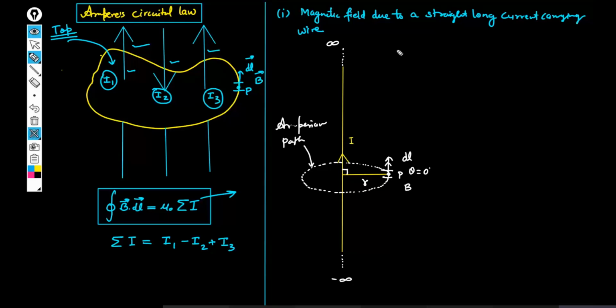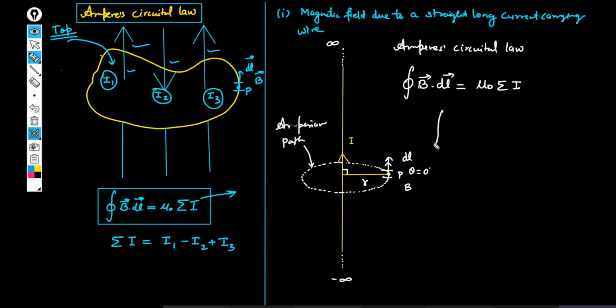Now from Ampere's circuital law, we can write the line integral of magnetic field along the closed loop is mu naught summation I. When we open this, it will give us B dl cos 0 equals mu naught.